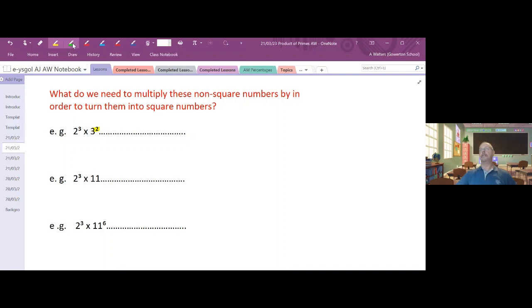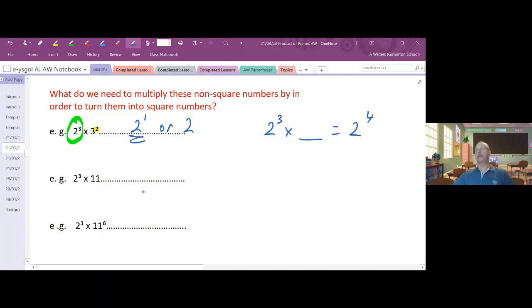But when I look at this, 2 to the power 3, what would I multiply 2 to the power 3 by to give you 2 to the power 4? And it is 2 to the power 1 or 2. So just write one of those down as your answer. So if I multiply it by 2 or 2 to the power 1, I've now turned it into a square number.